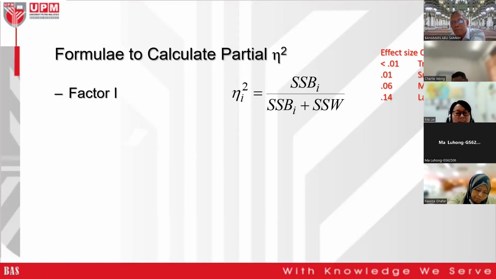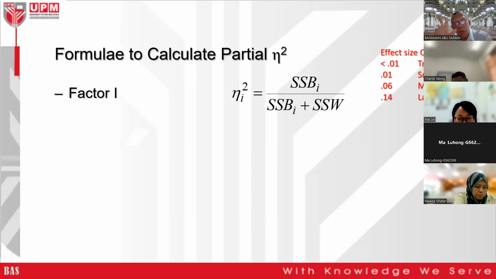For eta squared, we just use SSB divided by SST. Yes, SST, because we have only one factor. That means we just divide sum of squares between by sum of squares total. That will give us our eta squared.